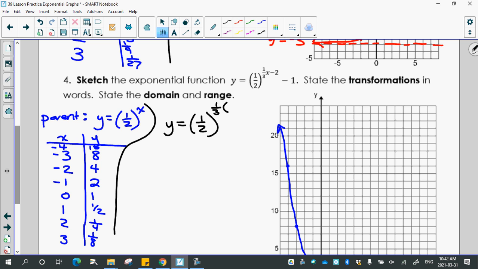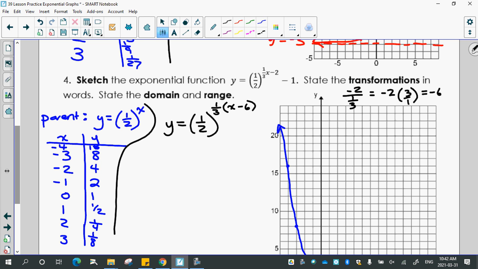Remember what that would be inside the brackets? A third x divided by a third is x, but what's -2 divided by a third? We're good at dividing by fractions now. -2 divided by a third is the same as -2 times 3 over 1, which is -6.